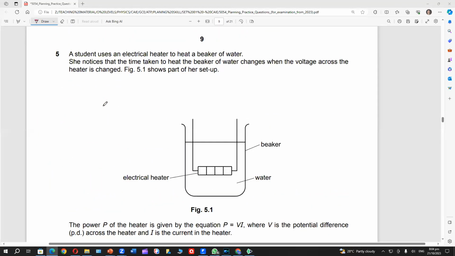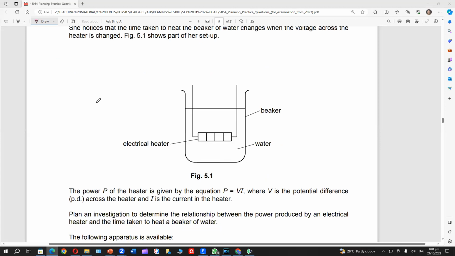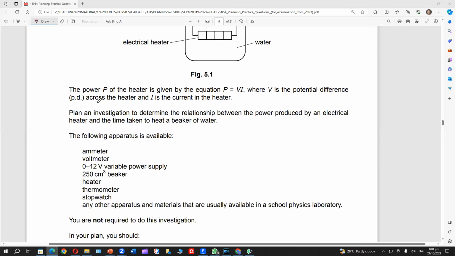Now look at this question. A student uses an electric heater to heat a beaker of water. She notices that the time taken to heat the beaker of water changes when the voltage across the heater is changed. The power of the heater is given by the equation P = VI, where V is the potential difference and I is the current.